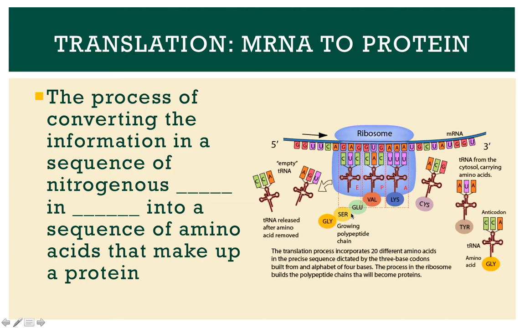Polypeptide chains are large strands of amino acids, and when they get large enough, there are certain chemical forces in play that cause the proteins to fold in certain ways, and that's how different parts of us are built in our cells and in our body. Cells, tissues, organs, all that is built from different folding of proteins.